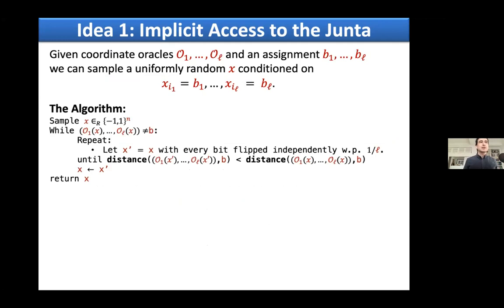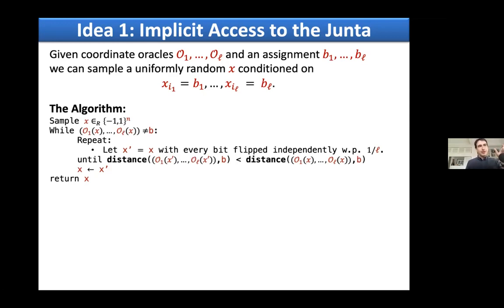So as long as we are not satisfying the condition, we apply some noise to x. We take x' to be a copy of x, where we flip each bit independently with probability 1/L.